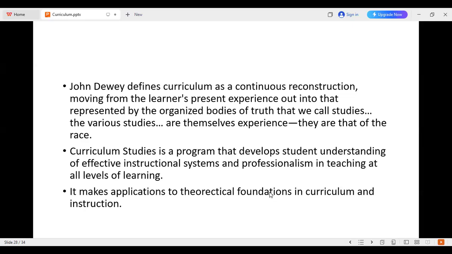Moving from the learner's present experience out into that represented by the organized bodies of truth that we call studies. The various studies are themselves experience. They are that of the race. John Dewey highly focuses on experience. Education is an experience.